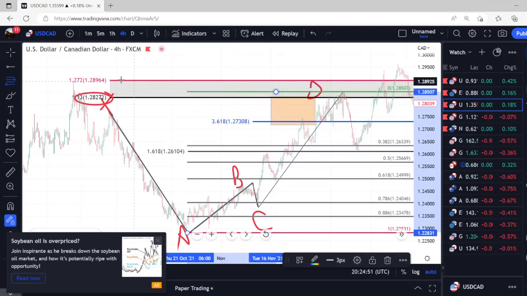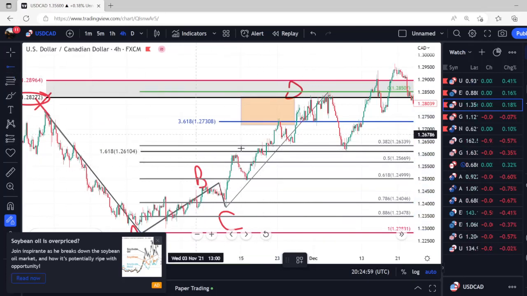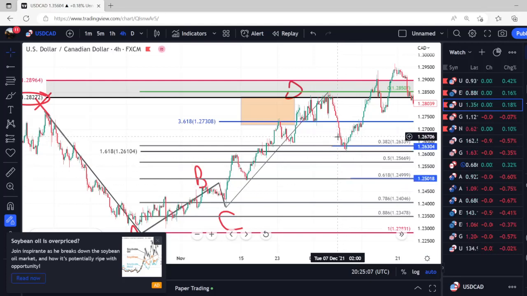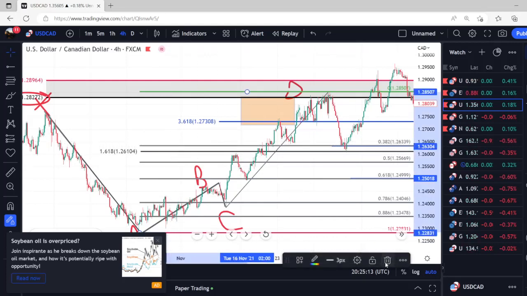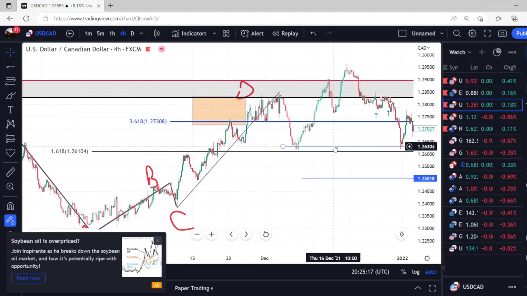For the profit taking, you measure from your A to where the market stopped, which is at the 1.13 extension. And our profit taking, like I said, is at 0.382 and 0.618. I like to take my first TP at 0.382, which was right here.